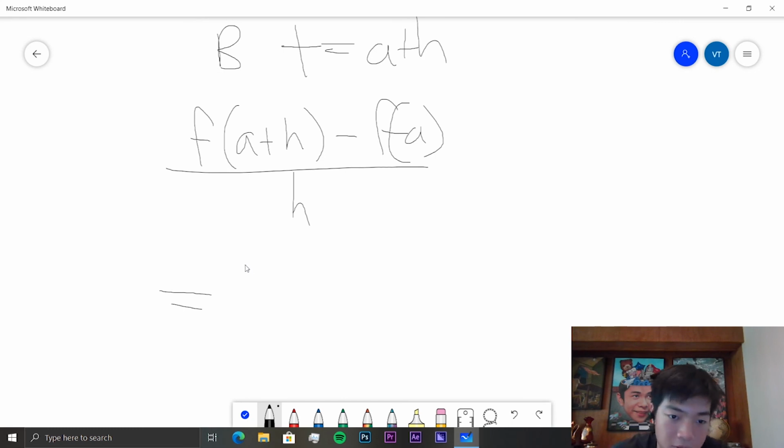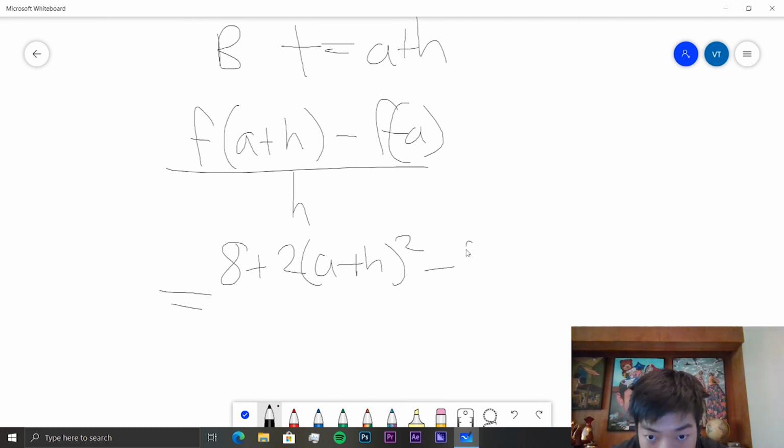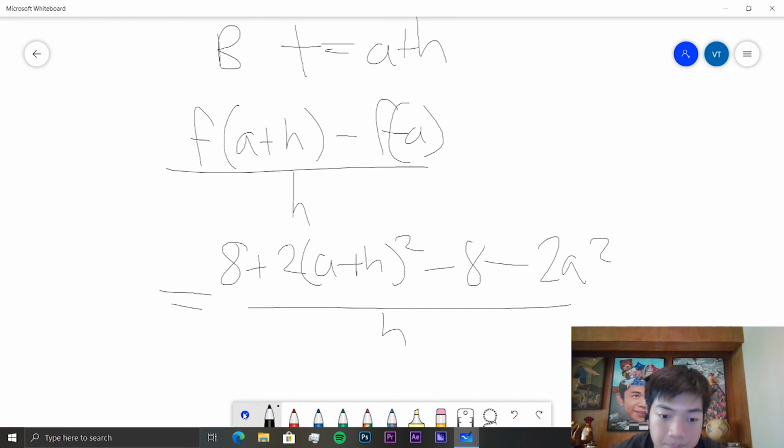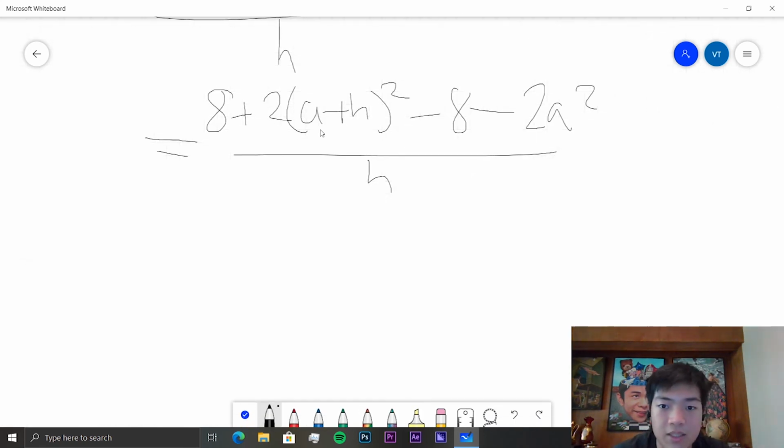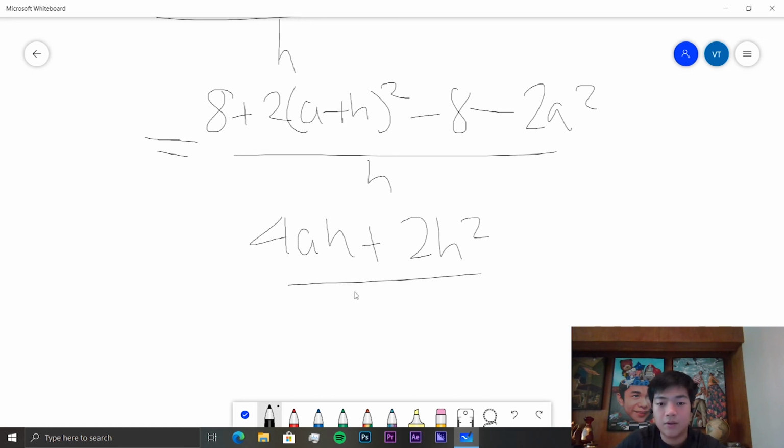So this would be equal to 8 plus 2 times a plus h squared minus 8 minus 2a squared over h. So this would simply be equal to 4ah plus 2h squared over h.